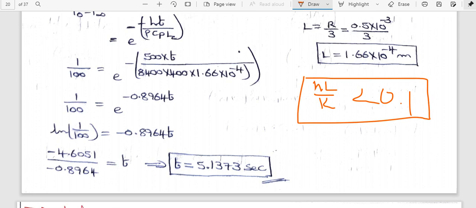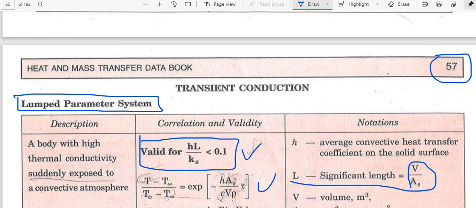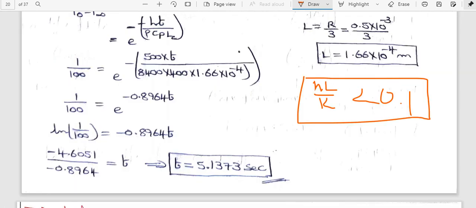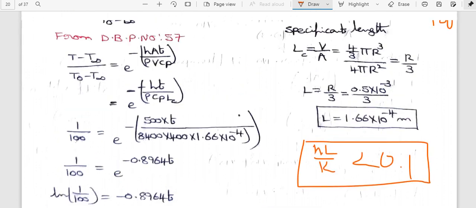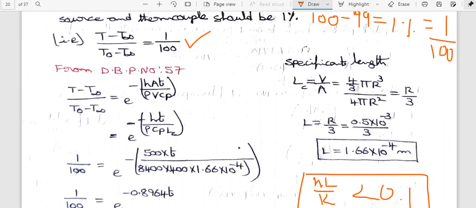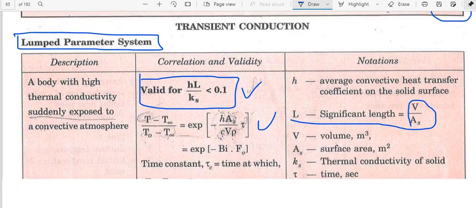If it is less than 1, we consider a lumped parametric system; if it is greater than 1, we consider an infinite solid body. Now we can substitute all these values in the equation from data book page number 57.